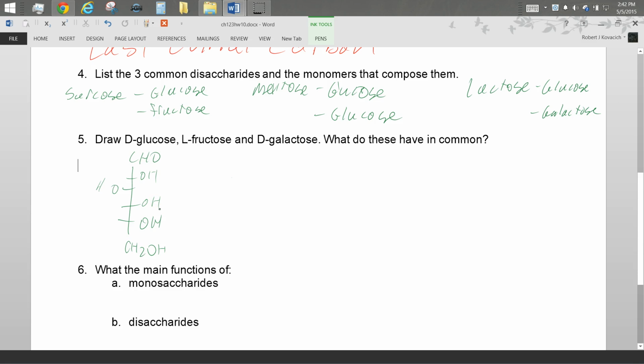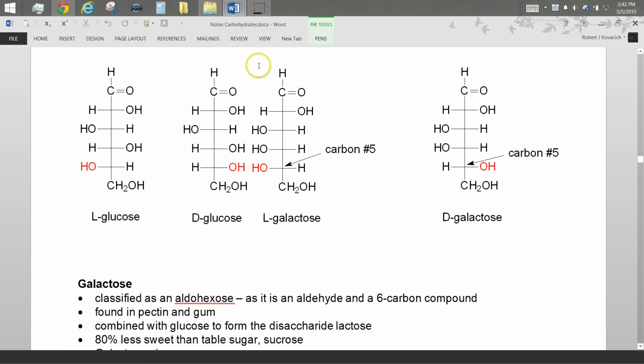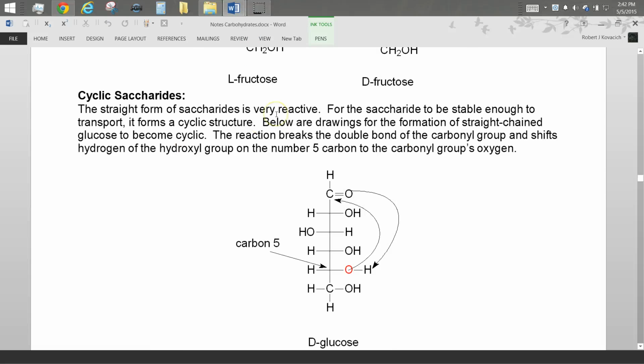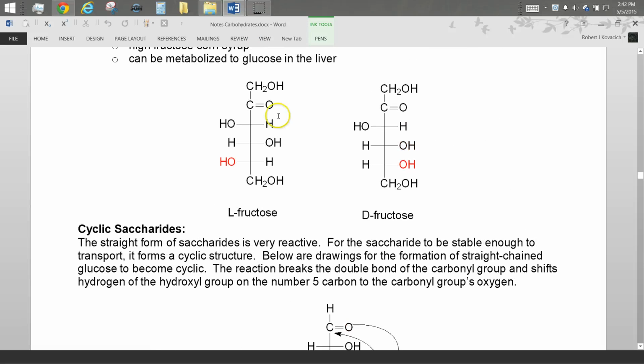So there's my D-glucose, and then my fructose is CH2OH, C double O. Left and right.